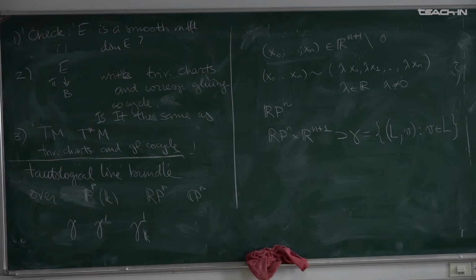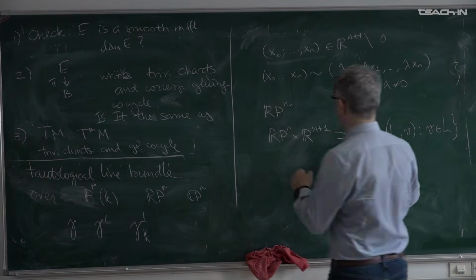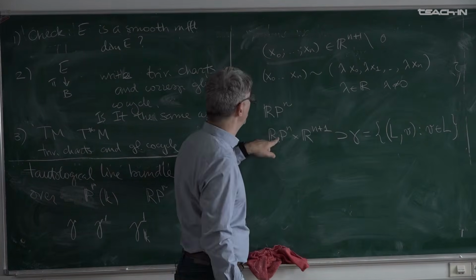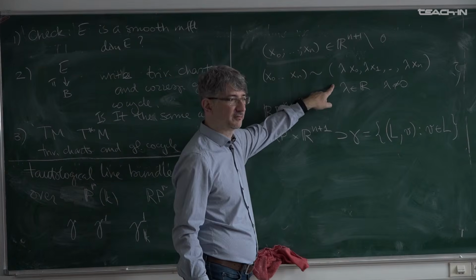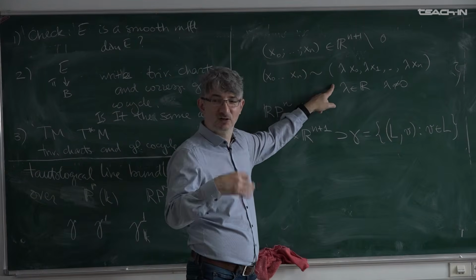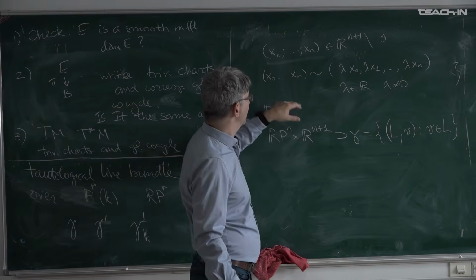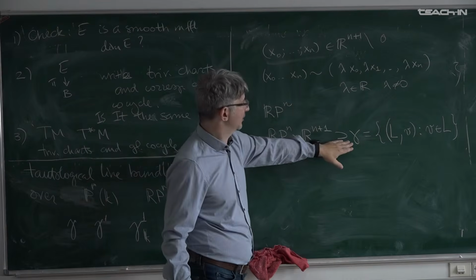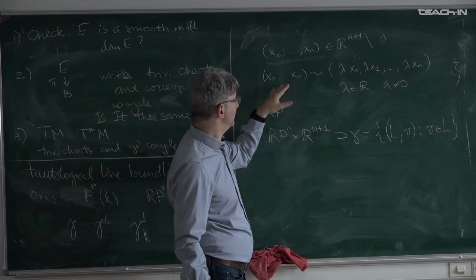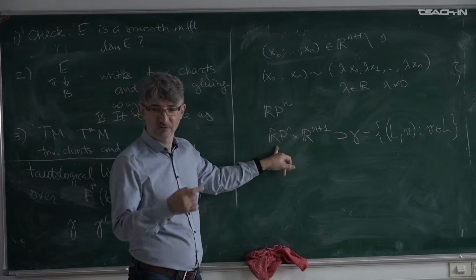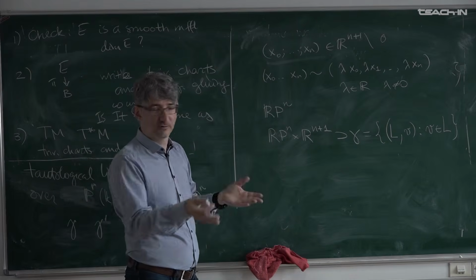So the fiber of gamma over a point here consists of all vectors which belong to this line.